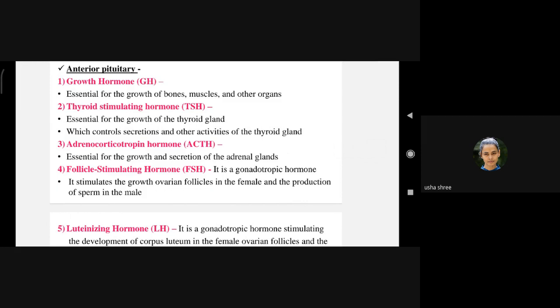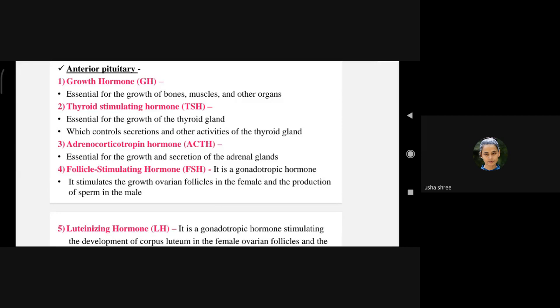Then this hormone comes to pituitary and stimulates the somatotropin cells of pituitary gland. Now, these somatotropin cells of pituitary gland are producing growth hormone. And now this growth hormone is released to bloodstream and it is acting throughout the body.